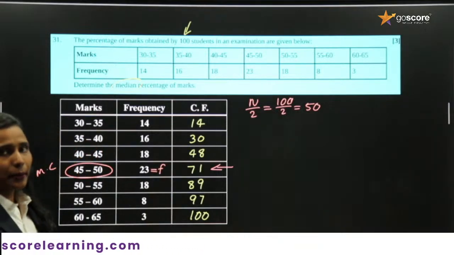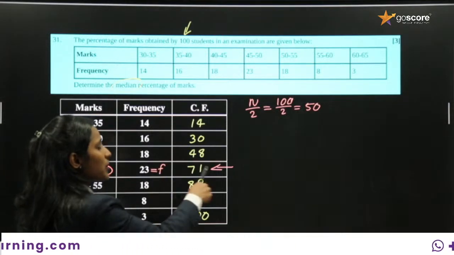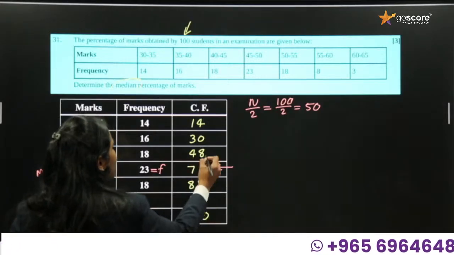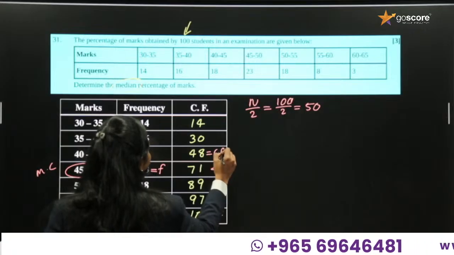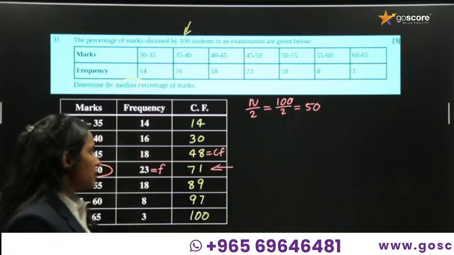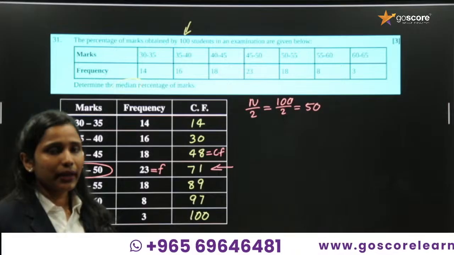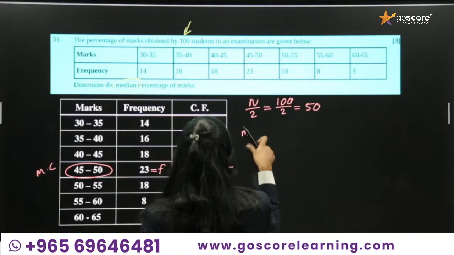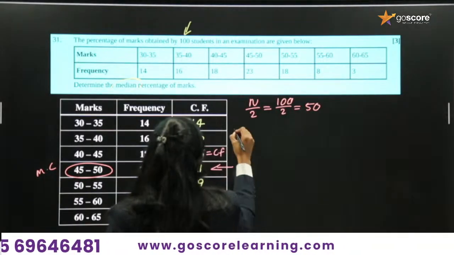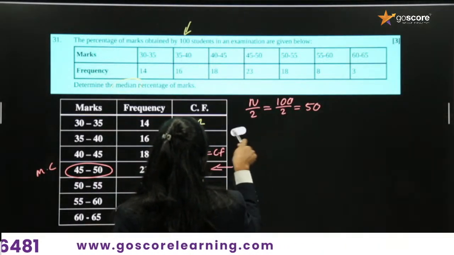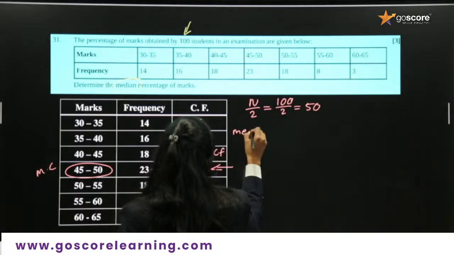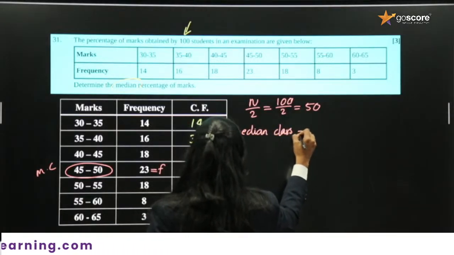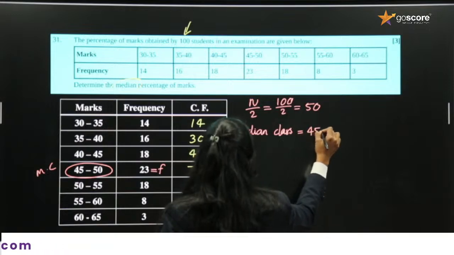Okay, this is our median class, and the corresponding frequency is our F value. But don't write the corresponding cumulative frequency as the CF value. The cumulative frequency just above that is our CF value. Don't make any mistake there. Okay, now we know the formula to find it. Before that I will write the median class. The median class is 45 to 50.